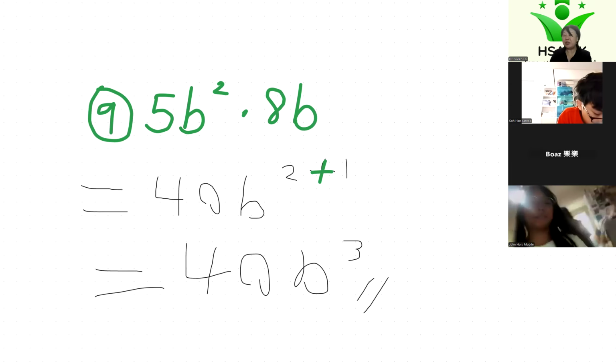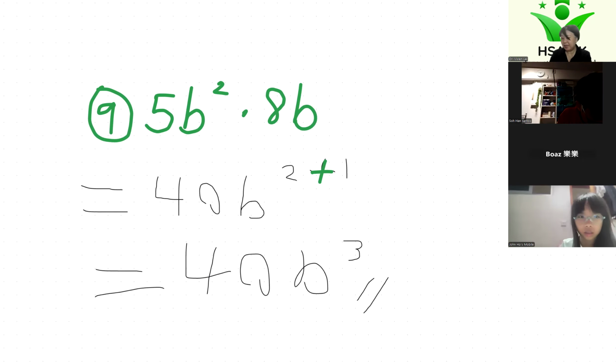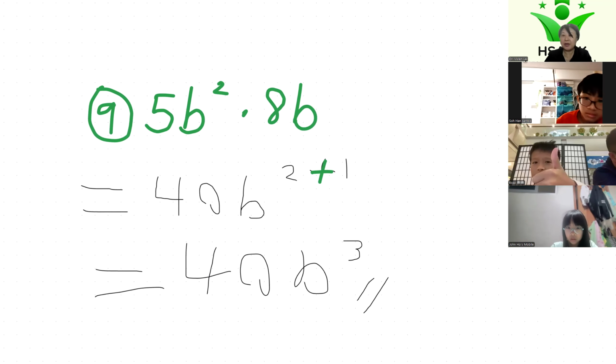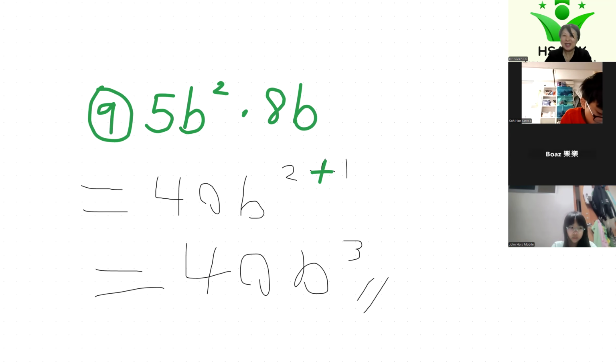Copy it down. After finish, just give me a thumb, letting me know that you are done. Good. I will try one more question. Okay, very good. Good job. Okay.